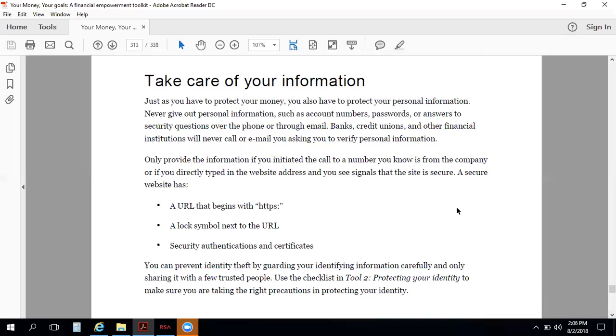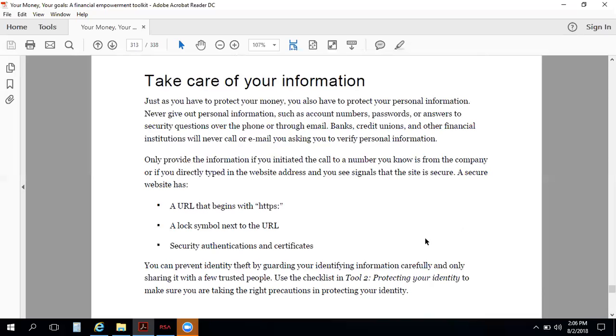Only provide information initiated in the call to a number you know is from the company, or if you directly typed a website address and you see the signals that a site is secure. A secure website has HTTPS, a lock symbol next to the address, and security authentications and certificates.